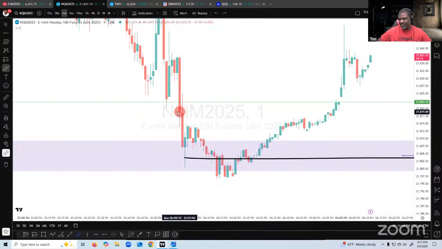For some reason, I was under the impression that we get the settlement price after the 415 close, right? But that's the New York close there, and we get the settlement price. It's always right around here. I've never seen it where the settlement price was the exact closure of the candle, but I've always seen it move a little bit, especially when we closed here.